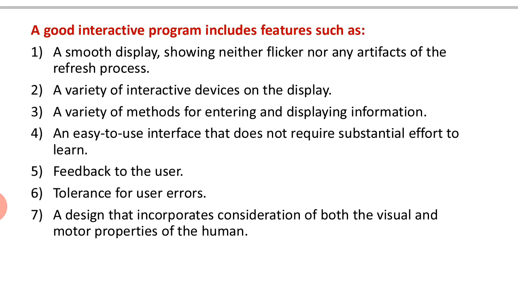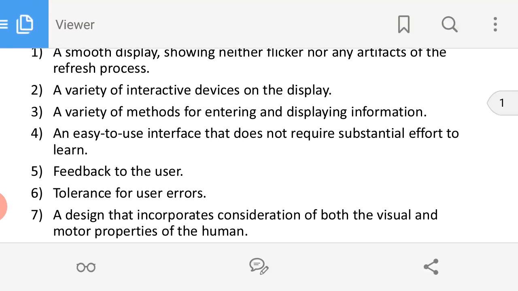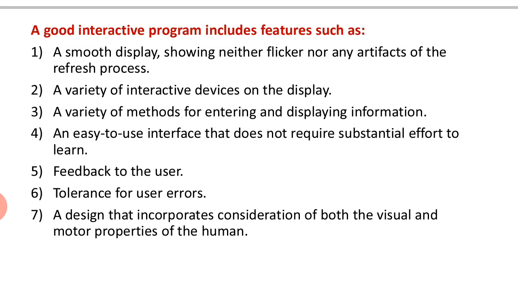And the next one is tolerance for user errors. Being human beings, it is quite natural that we are going to make mistakes. When we make mistakes, my system should be capable of tolerating those errors. That is called tolerance for user errors. You might have observed that most of the time when you delete an item, it is not deleted suddenly. Normally it asks whether you are sure you want to delete it.